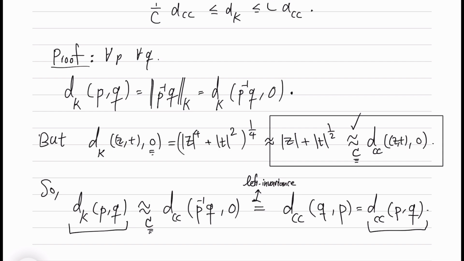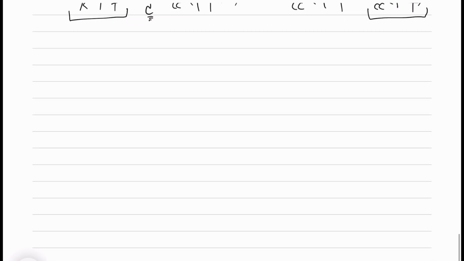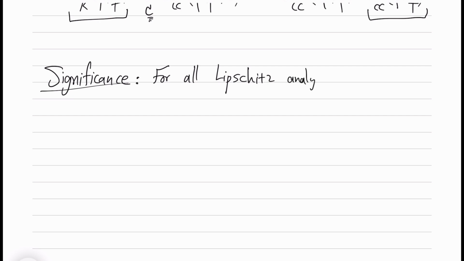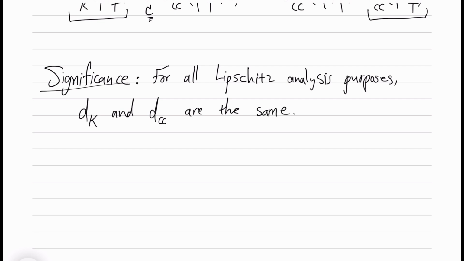So what is the significance of this equivalence? If we think about it philosophically, for all Lipschitz analysis purposes, dk and dcc are the same. So if you are studying a question that has to do with the Lipschitz geometry of the Heisenberg group, you can use either of these metrics.